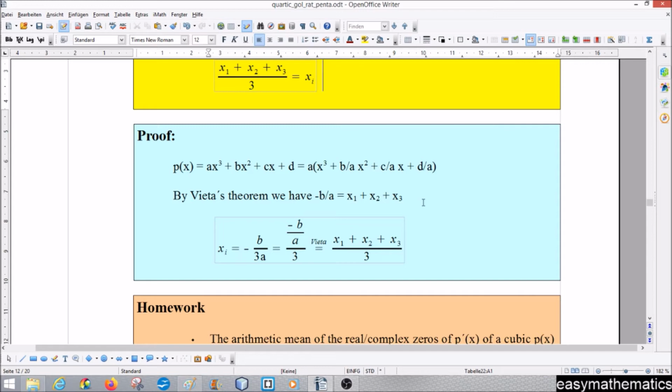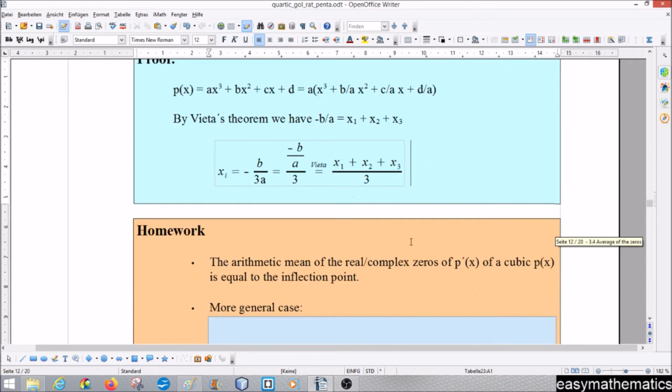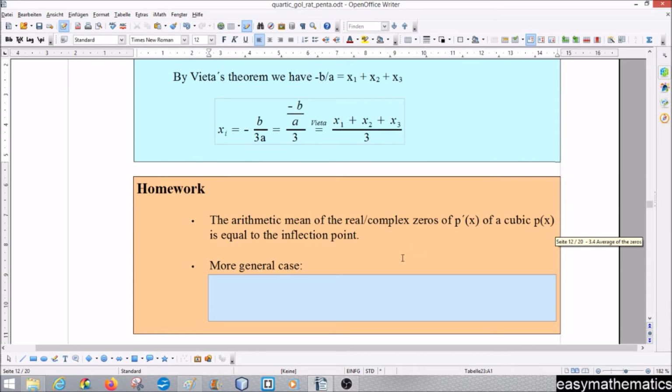Okay, you can try to prove this result without using Vieta if you like. In my opinion, using Vieta's theorem is very elegant, and the statement is immediately proven.